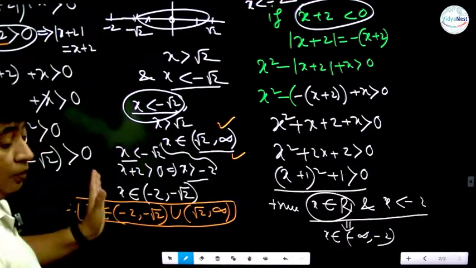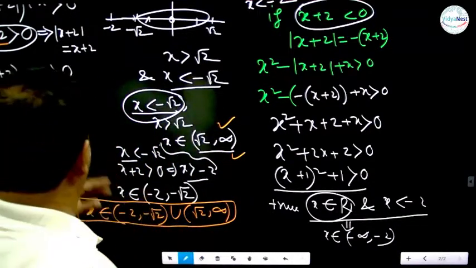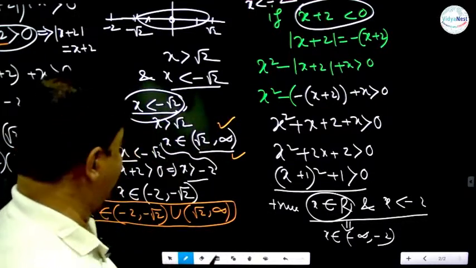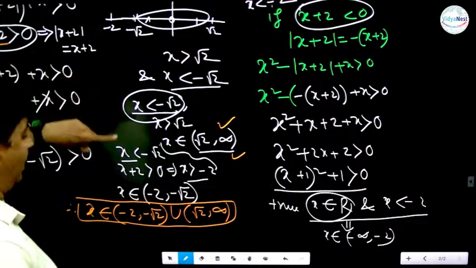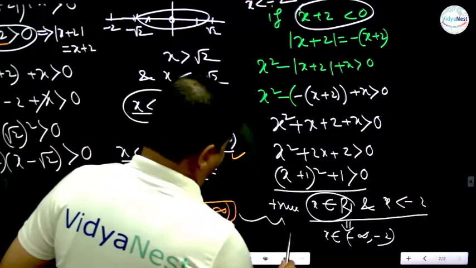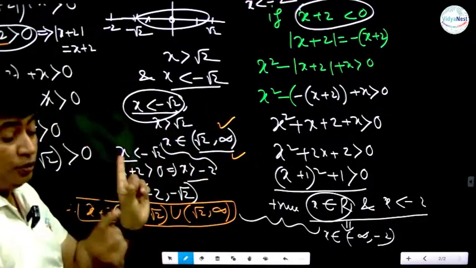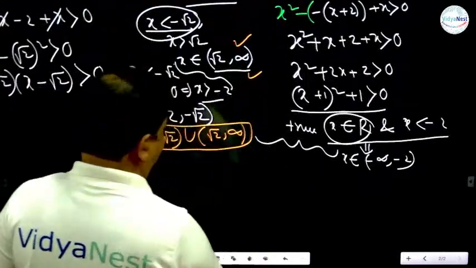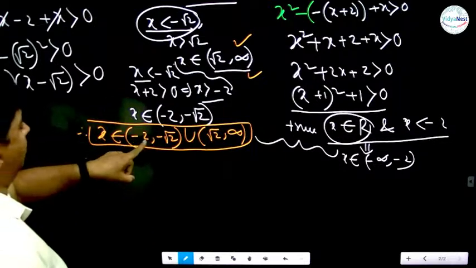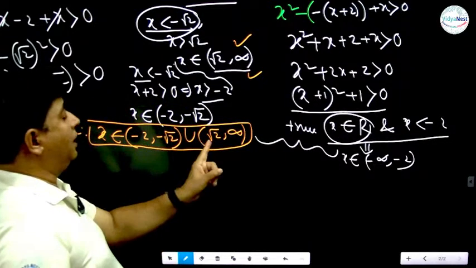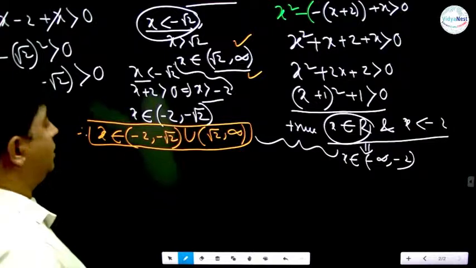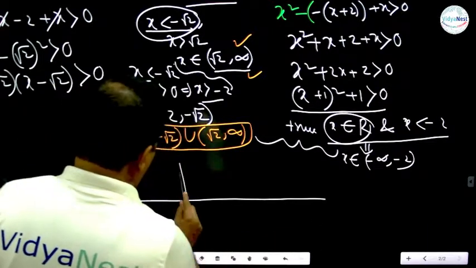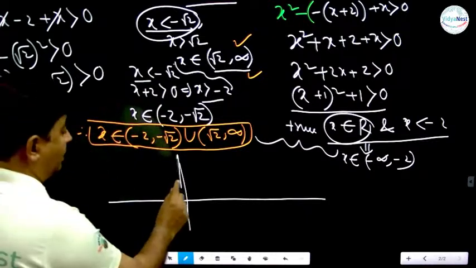Okay, sir. So till now, by working on modulus or removal of modulus, I have got two intervals where x lies. Now we will put those two intervals together and see what is the common interval. See, here we got -2 through -√2, here √2 to infinity. So put them on a number line. I am using different color to make the interval distinct.